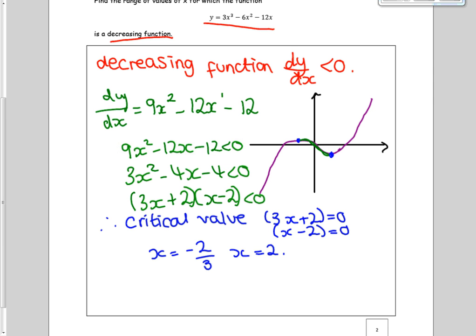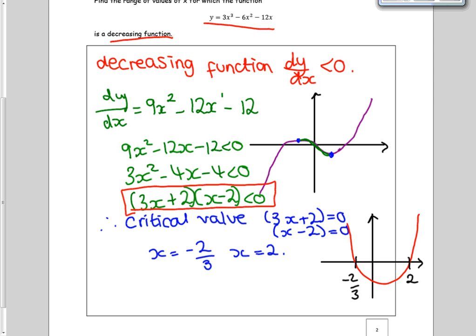So if we draw the graph for this function here, we can see that the points where the gradient is negative is between minus 2 over 3 and the value 2.